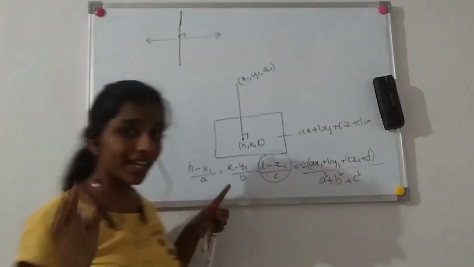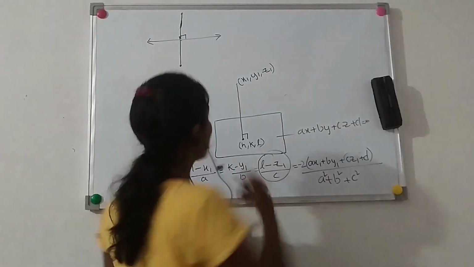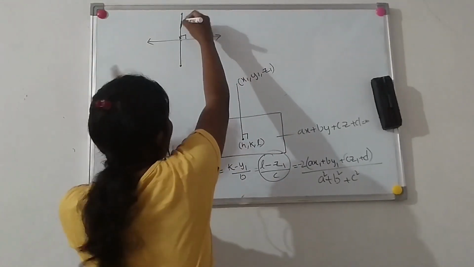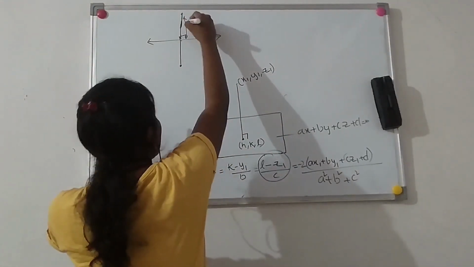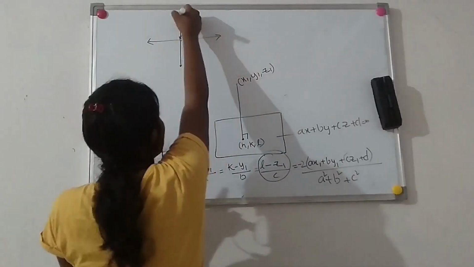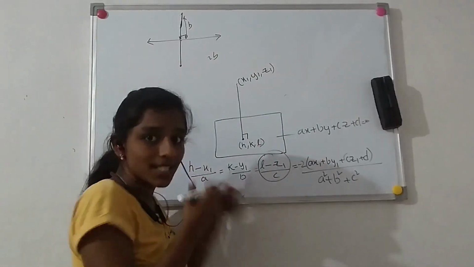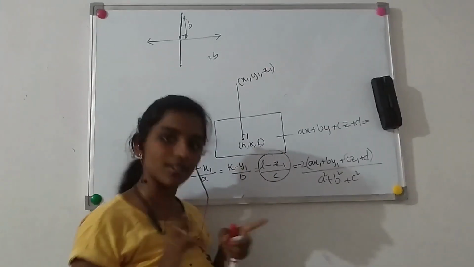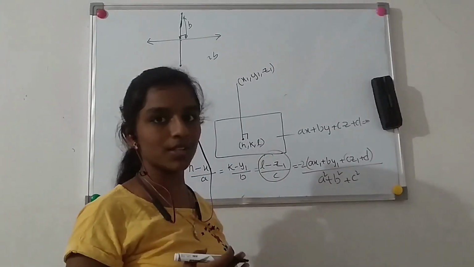Why do you put the 2? Because the distance is doubled. If the distance from here to here is some b, then the distance from here to here will be 2b, because it is twice. That is why we multiply by 2. You have learned the same in 2D geometry.